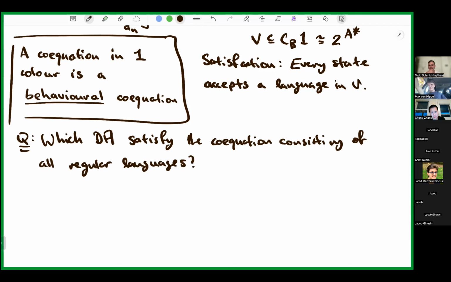Remember, languages are like states in a co-free coalgebra over one color.